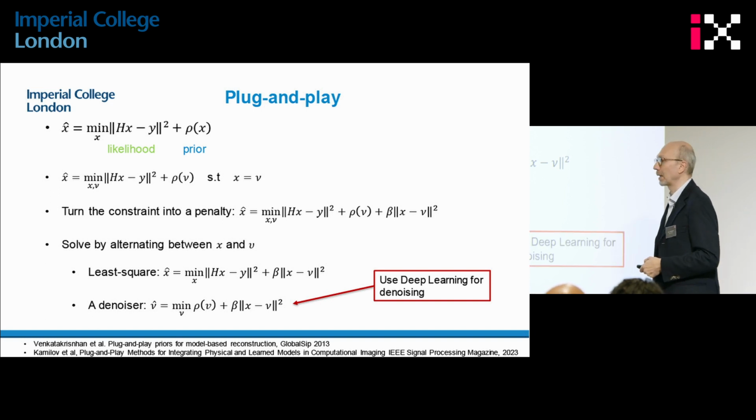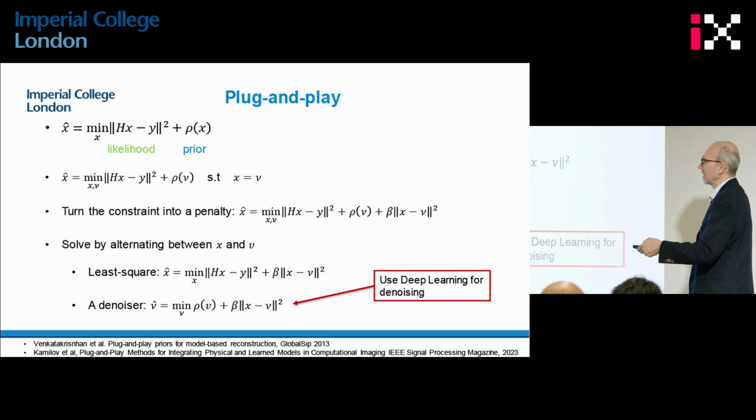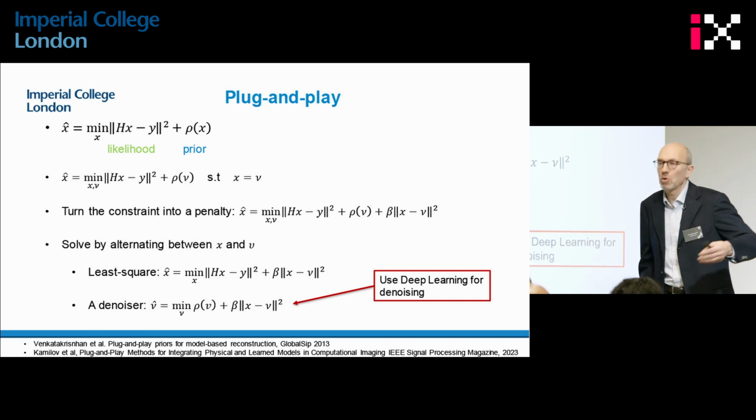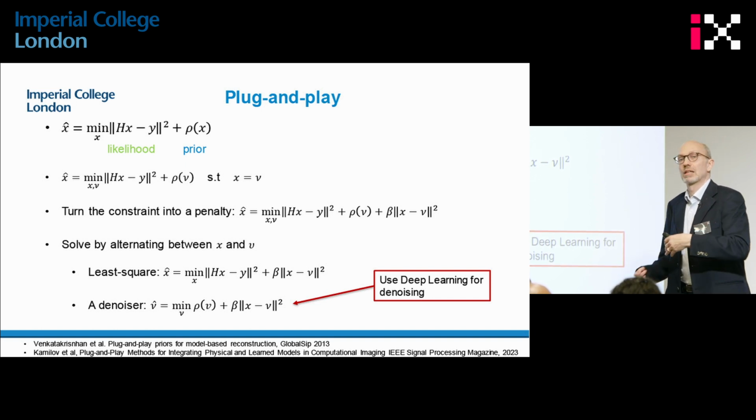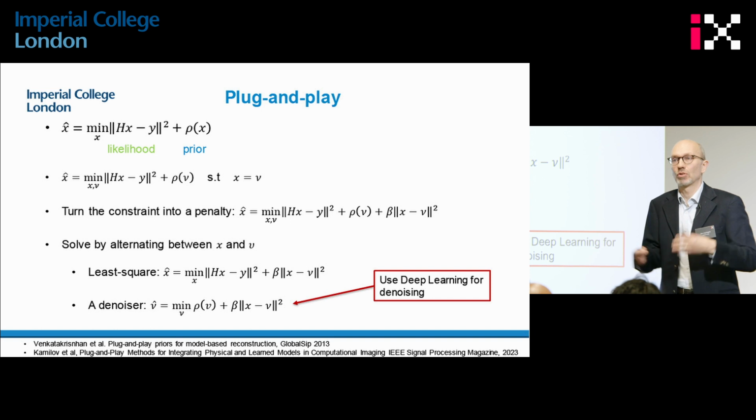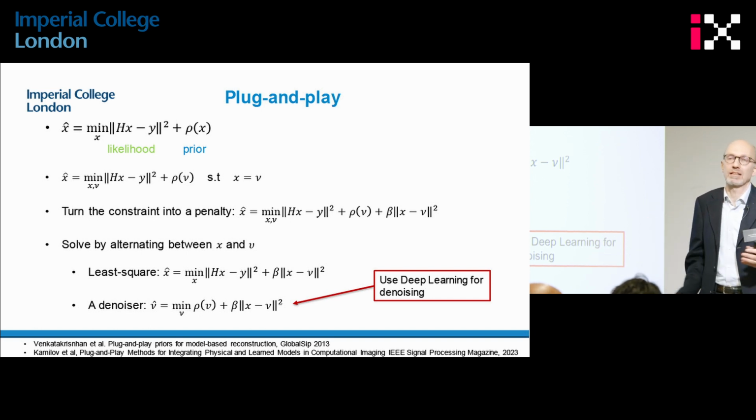So the idea in plug and play is to say, use any standard method that you know to solve this line here, but then use a neural network to solve the denoising problem. So go home, create a denoising algorithm for images through a neural network, do supervised training, whatever, make this network as complicated as you want.